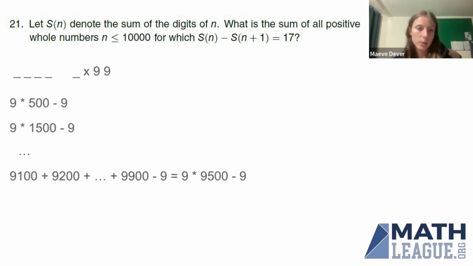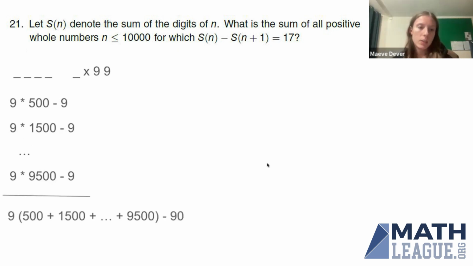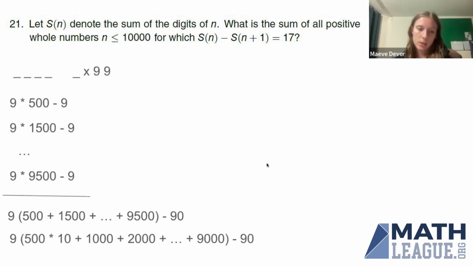All right, let's get rid of all the stuff we don't need anymore. Now we're just summing all of these numbers. 9 times 500 plus 1,500 plus 2,500, all the way up to 9,500. Let's take 500 away from each of these to make them prettier. We've got 10 numbers starting 0 through 9.